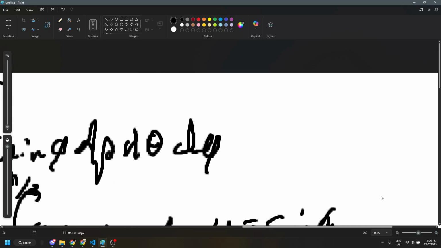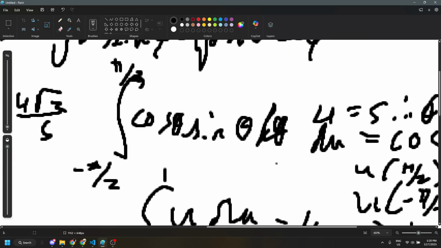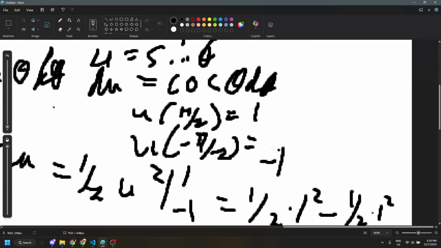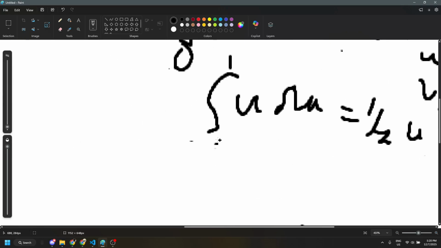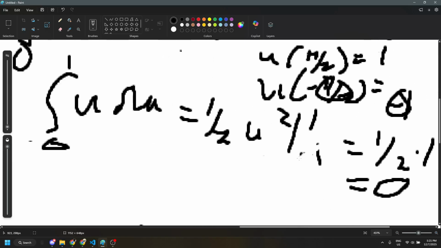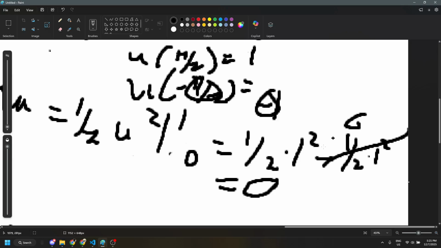So that further going down, this is 0, which then means u goes from 0 to 1, which means that we get 1/2. Oh my gosh. One half.